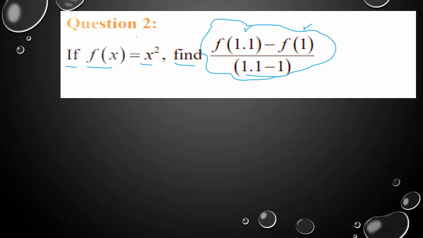They have given f of x as x square. For f of 1.1, you put 1.1 in the place of x and calculate 1.1 square. In the place of f of 1, you solve 1 square, and 1.1 minus 1 is going to be 0.1.